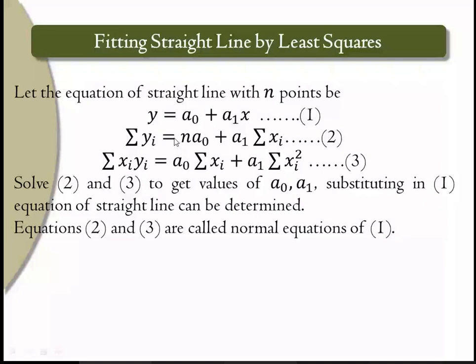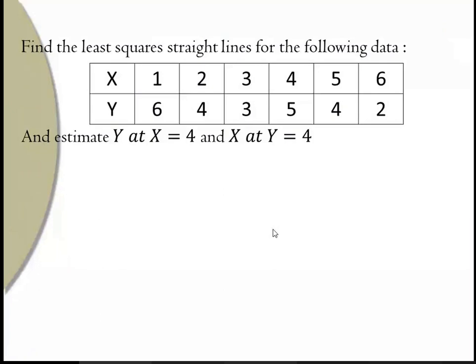Now we'll take a problem and see how to make use of this technique to get the equation of straight line. So consider the first problem. Find the least square straight lines for the following data. Values of x are 1, 2, 3, 4, 5, 6, and values of y are 6, 4, 3, 5, 4, 2.